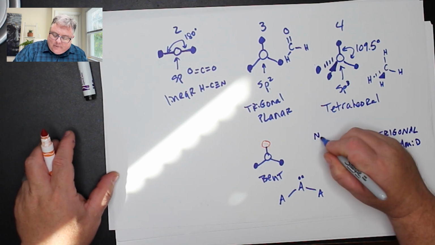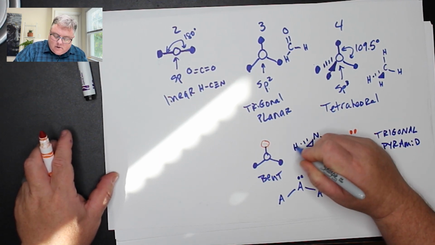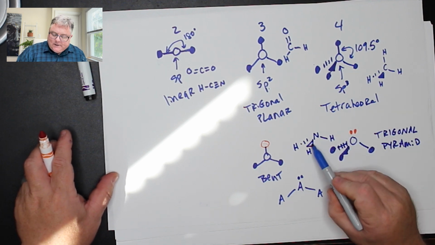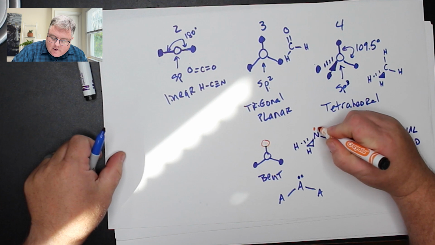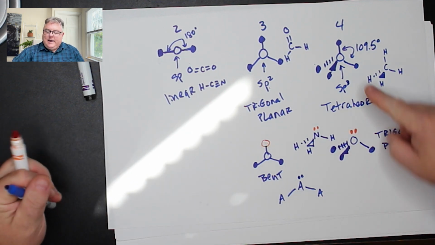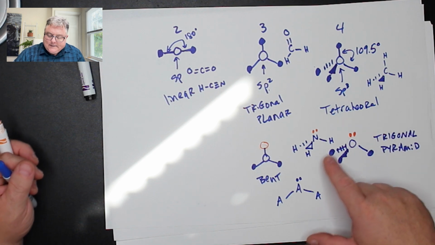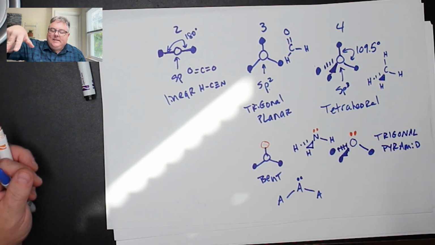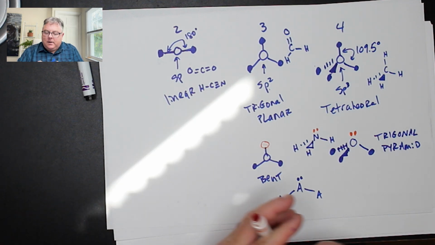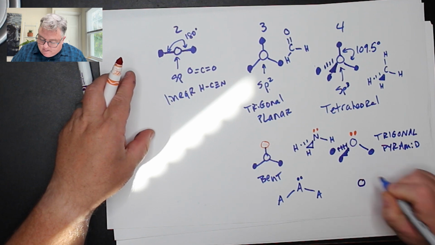This might be something like ammonia. Sometimes wedges are drawn open like this. I'll do that just so you can see another example. Ammonia has this 109.5 degree shape, more or less. And these three hydrogens point down, and it looks like a triangle pyramid. But what if two of those are electrons?